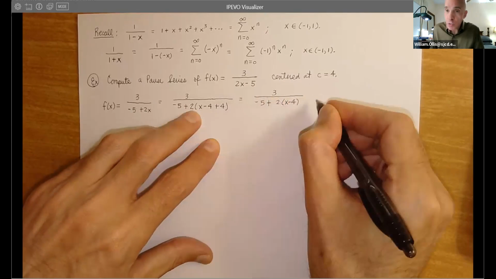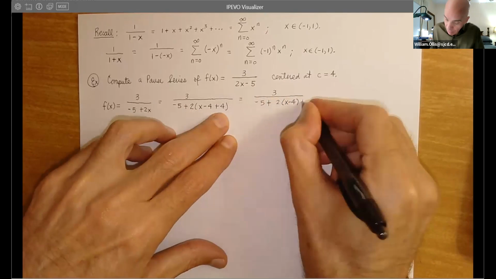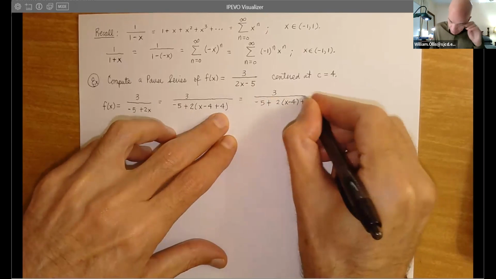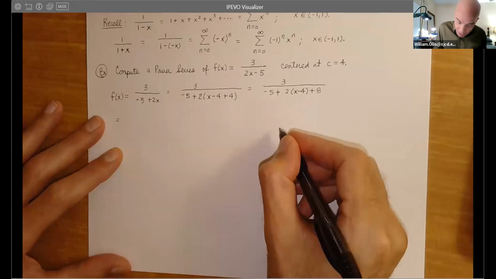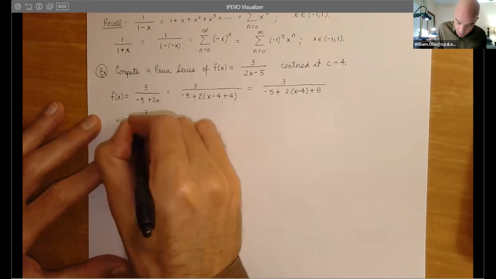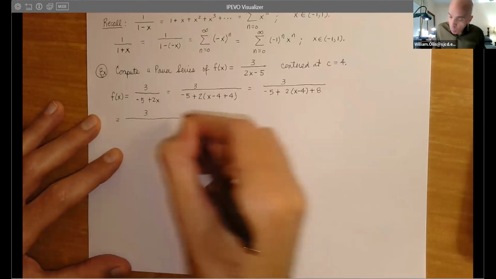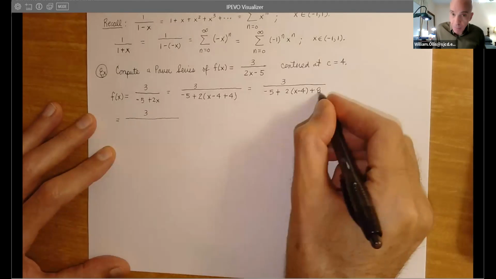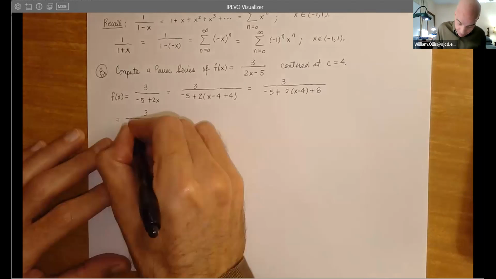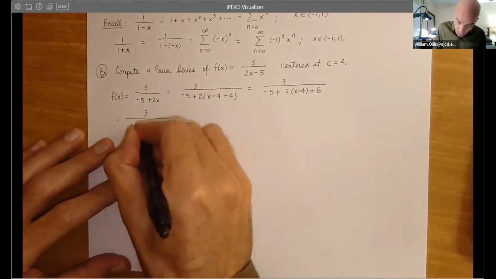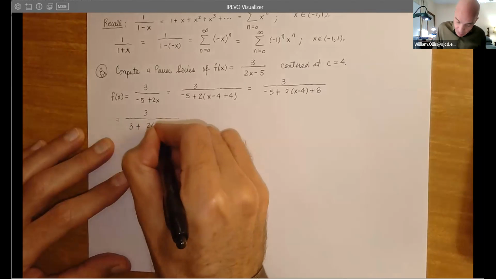And then we have a 2 times a 4, so that's plus an 8. So the first time you do this, or with anything, put in all the steps to be secure. And so now we can run this up. We have the 8 plus the -5 will give us a 3, and then we have 2 times x minus 4.